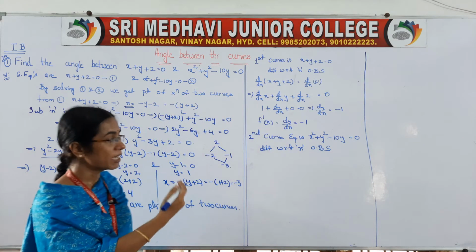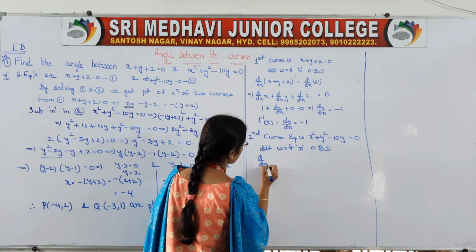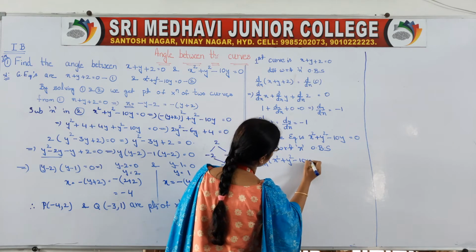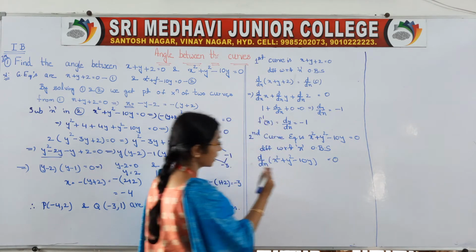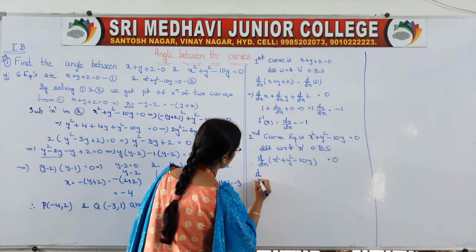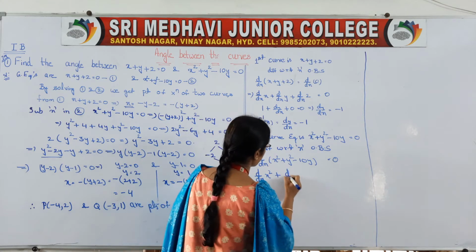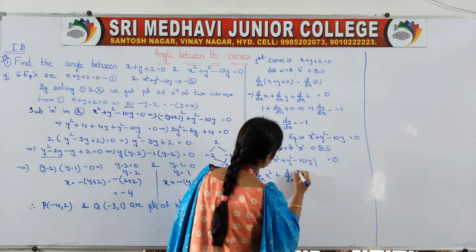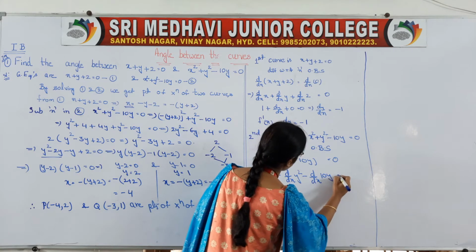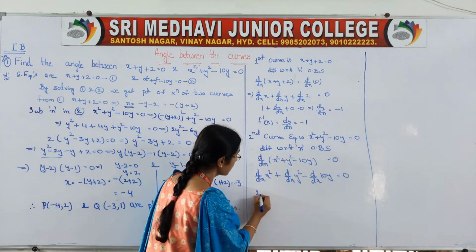To get our dy by dx of the second curve. So it is d by dx of x square plus y square minus 10y is equal to 0. Whenever there is plus or minus, we have to take separate derivatives. So d by dx of x square plus d by dx of y square minus d by dx of 10y is equal to 0.